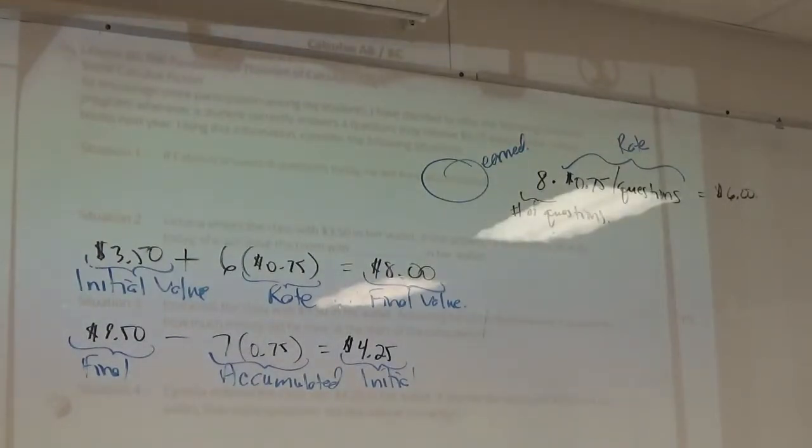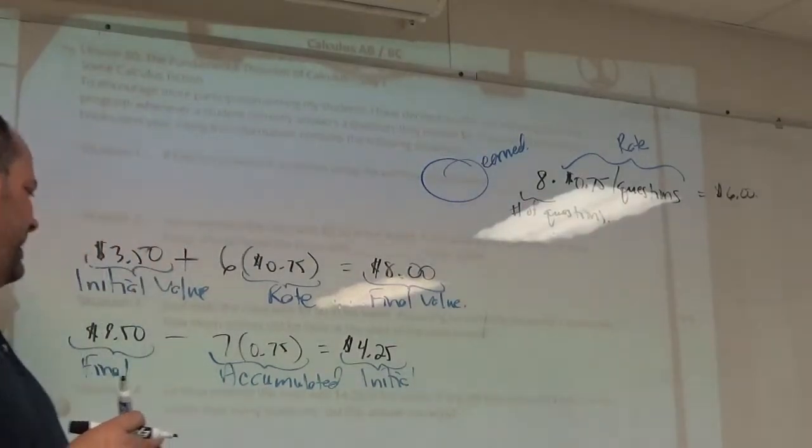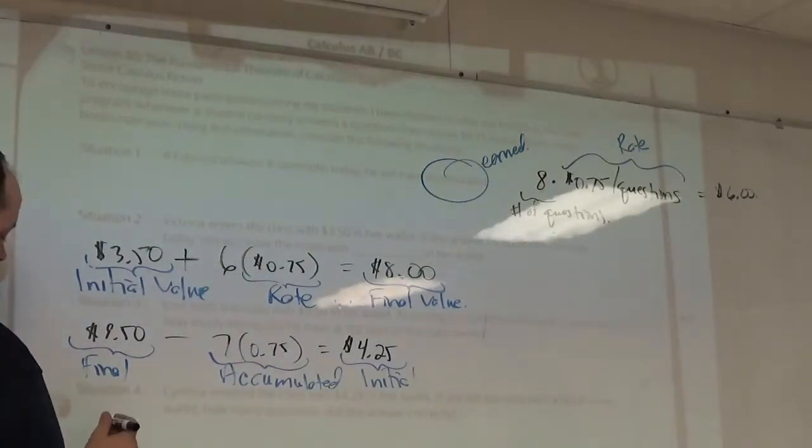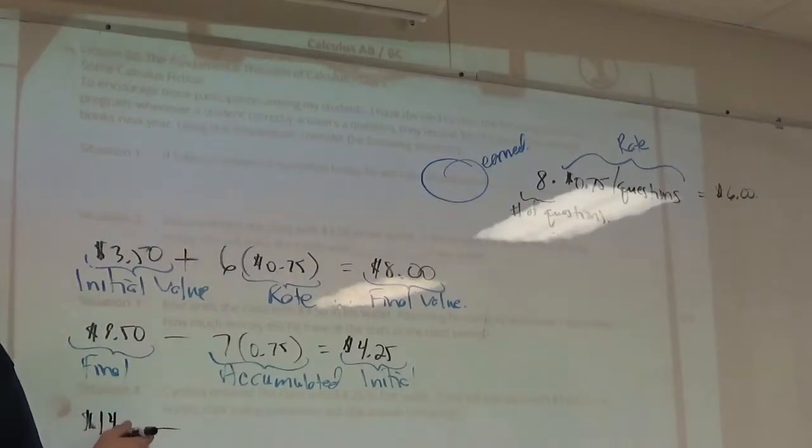Adrian. Cynthia entered the class with $4.25 in her wallet. If she left the class with $14 in her wallet, how many questions did she answer correctly? How would you solve this problem? You would subtract $4.25 from $14. Okay, excellent. So you said subtract from, and now I know that whatever you say after the from goes first.